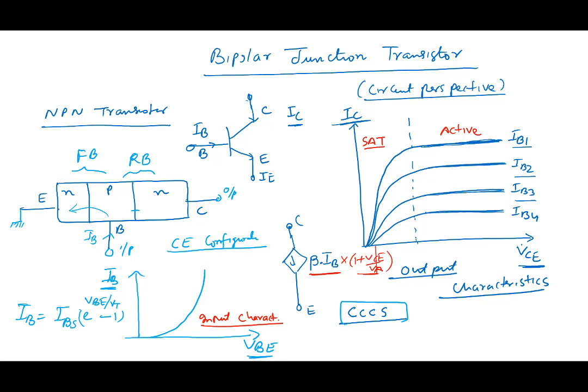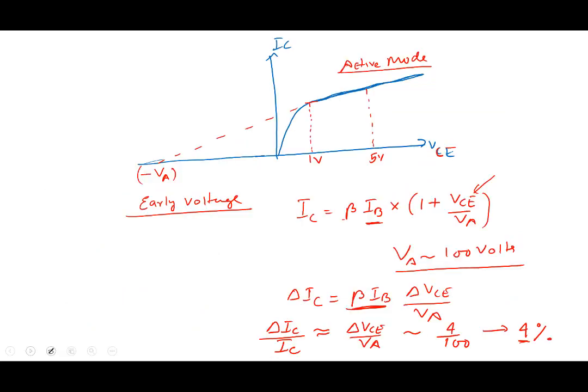All right, so the transistor looks like a diode from the input side, and from the output side it looks like a current source. So let's put both of them together. We are talking about this transistor in the common emitter mode.